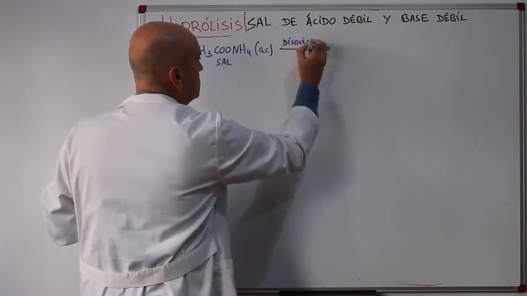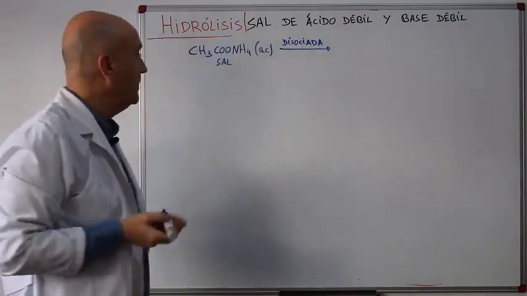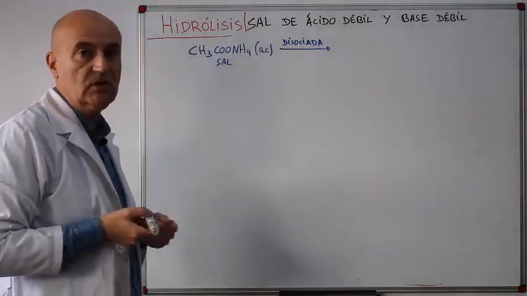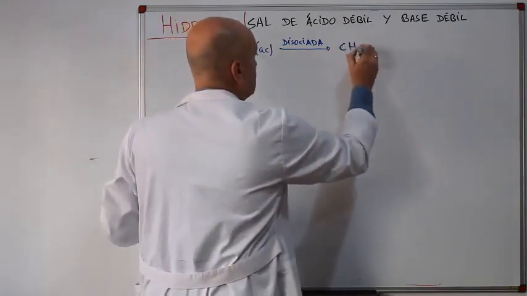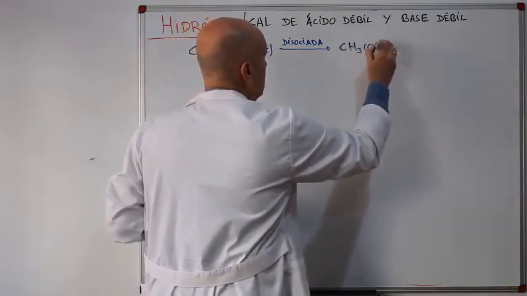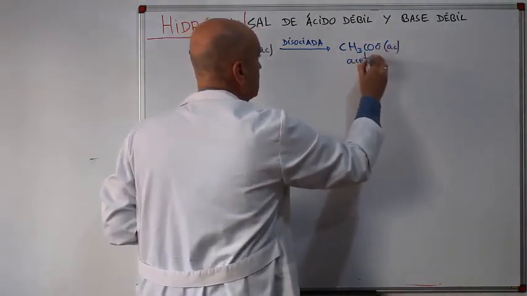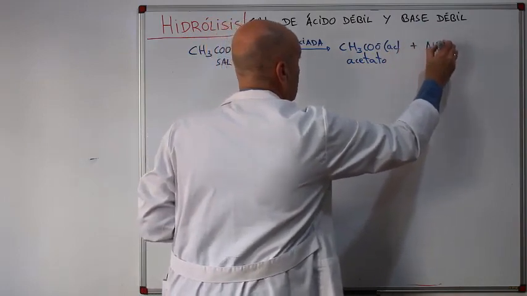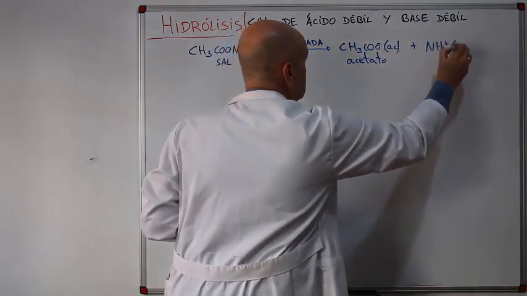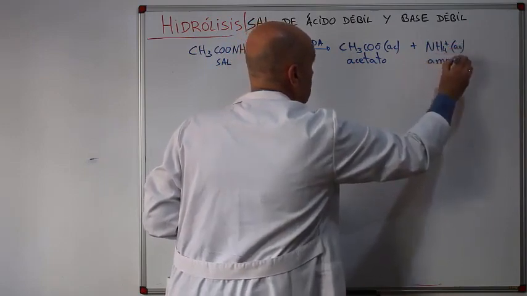Completely dissociated, as you know, implies on one side I will have the acetate ions, and on the other side the ammonium ions. The acetate ion will be CH3COO minus, in aqueous solution, and on the other hand, the ammonium ions, NH4 plus, also in aqueous solution.